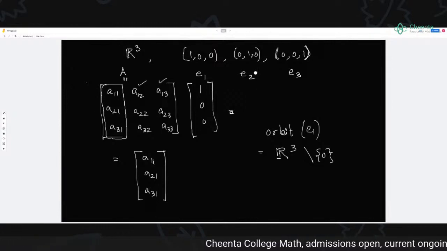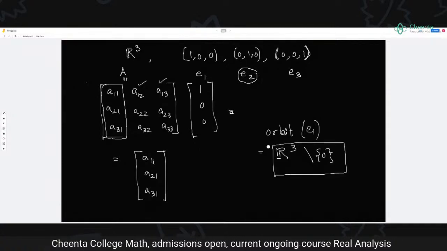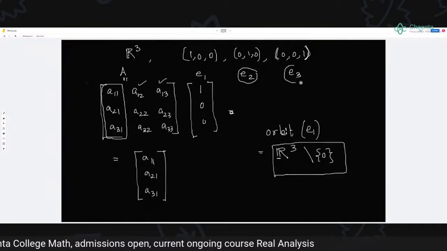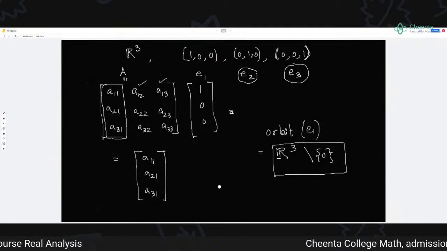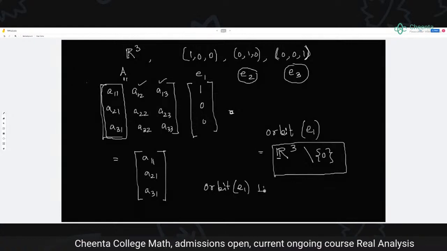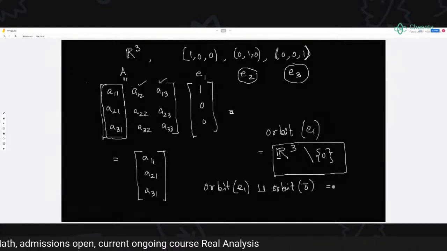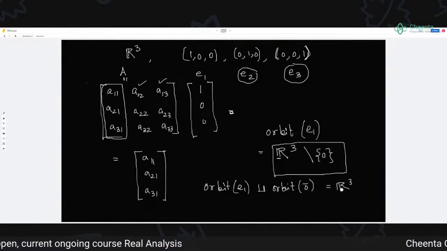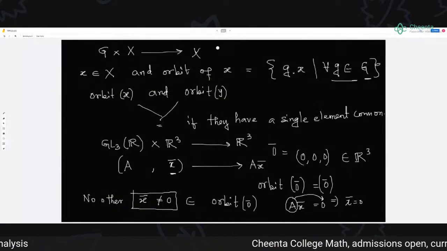If you take E2, the orbit of E2 is exactly the same. If you take E3, the orbit of E3 is exactly the same. So the orbit of E1 disjoint union the orbit of 0 bar is your entire R3, and you will only have two orbits for this group action.